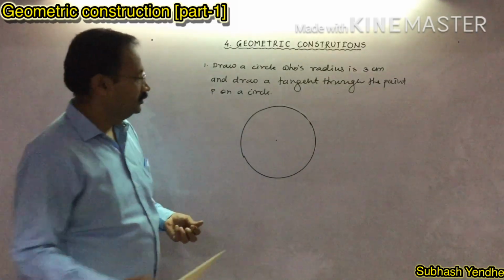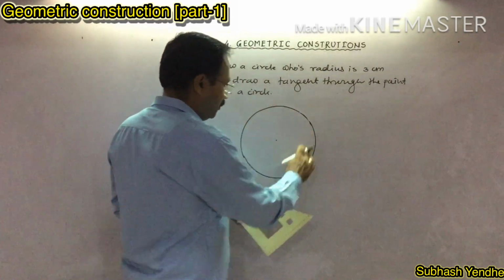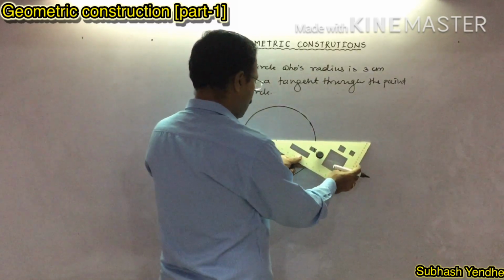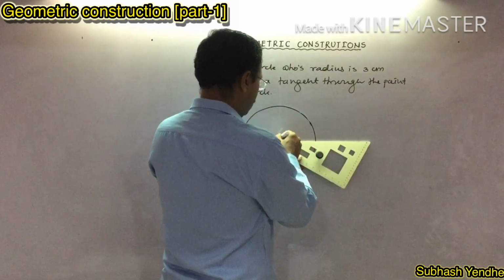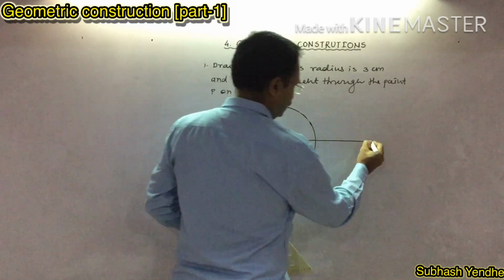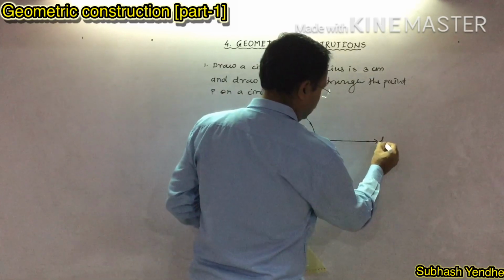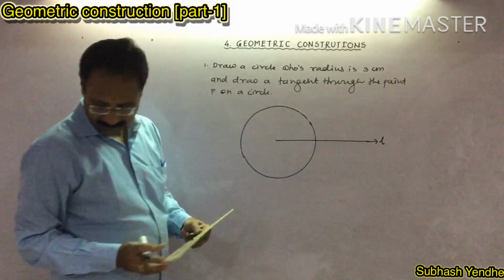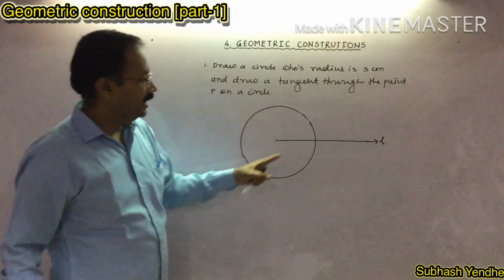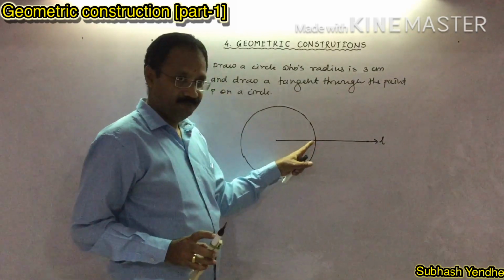What you have to do? After drawing the 3 centimeter circle, you have to draw a line through the center. Give the name to that line, L. Then you have to draw a tangent from here.